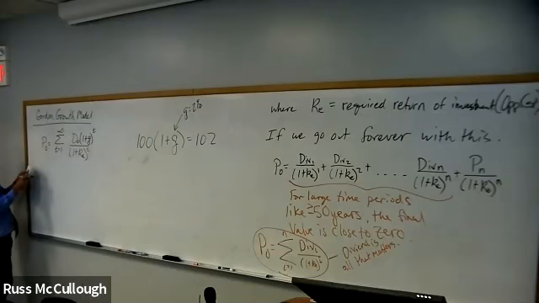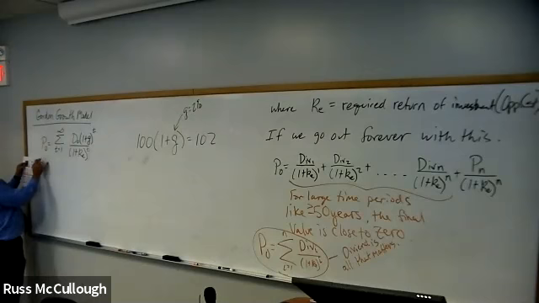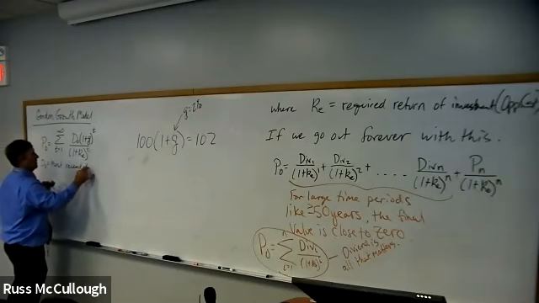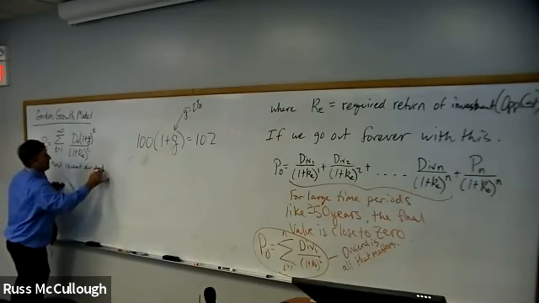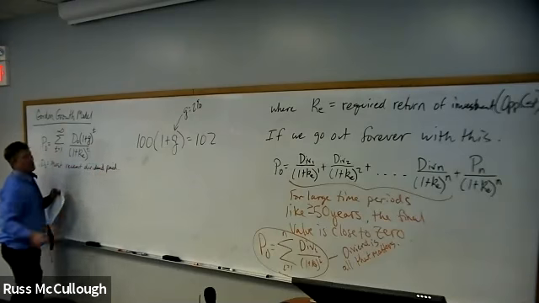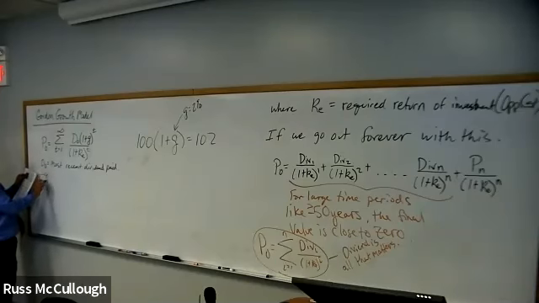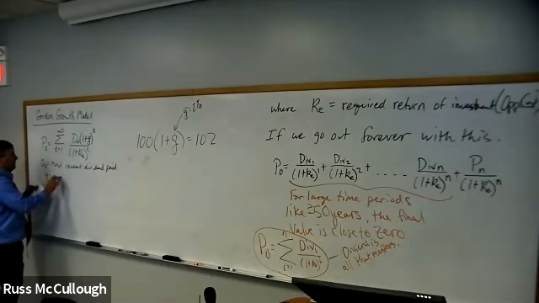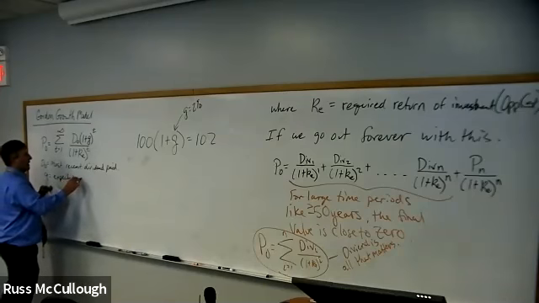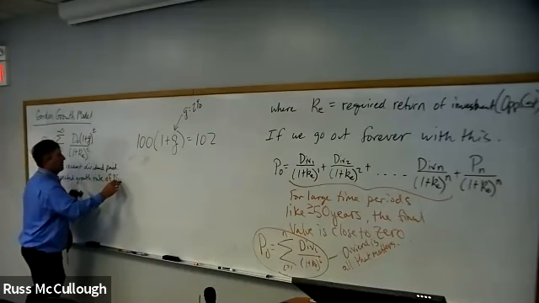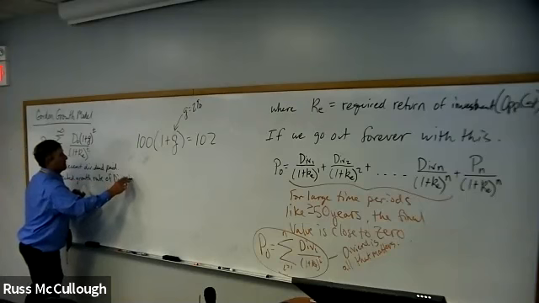I'm going to write all this out. So D0 is the most recent dividend paid. We look at a company today, and the company's paying $100 worth of dividends. G is the expected growth rate of the dividend over time. We think it's going to be 2%.